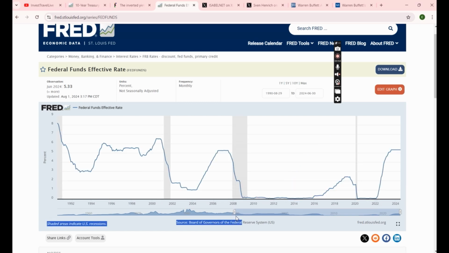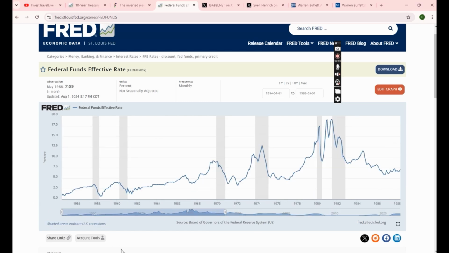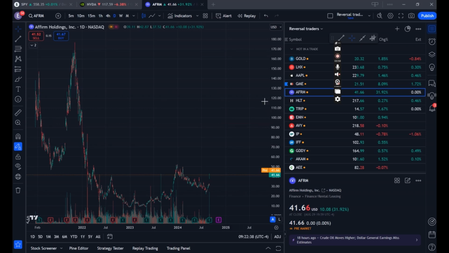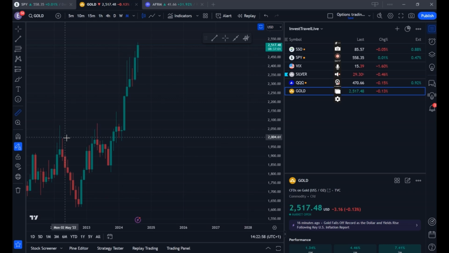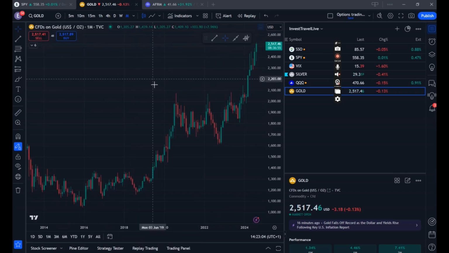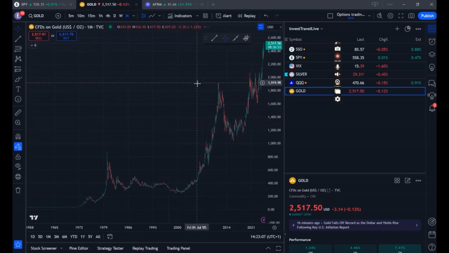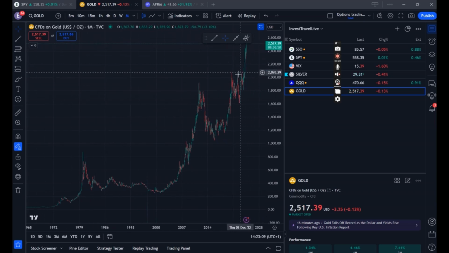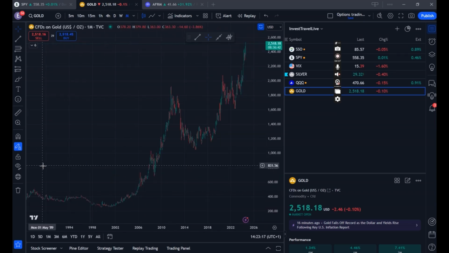Other than that, there's another asset class that I like to invest in, which is obviously gold. So here we have the gold chart. However, someone could argue that the all-time high is very overvalued now.